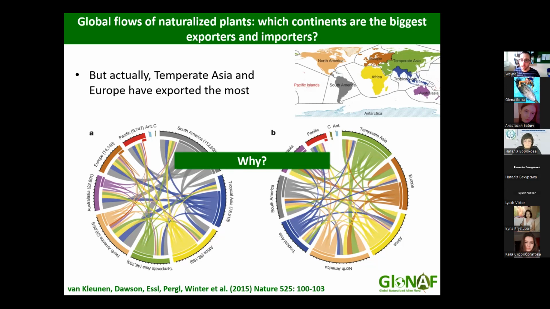And so it might actually be a consequence of the large area of temperate Asia. Because if you've got a large area, a large continent, the native ranges of species are going to be potentially large in that continent as well. And so that just increases the chances of picking up any one species and introducing it somewhere else, intentionally or unintentionally.